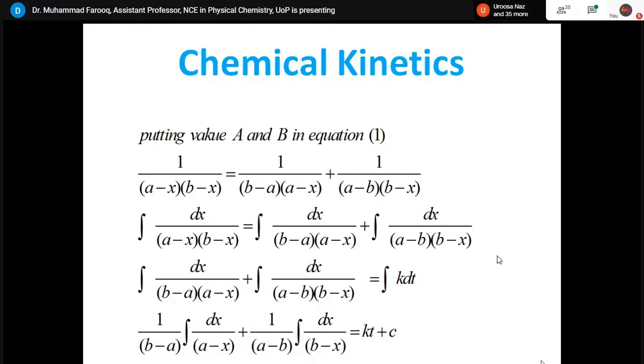Again, 1 over (a minus b) is a constant. I have taken it out from the integration. Now I am left with integration of 1 over (a minus x), and integration of 1 over (b minus x). This clear or not? Now k dt integration, d will cancel with each other. You will be left with kt plus I will put some constant. So kt plus c. Now this is clear or not?